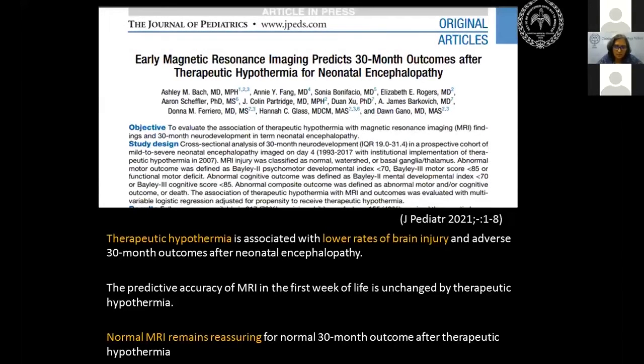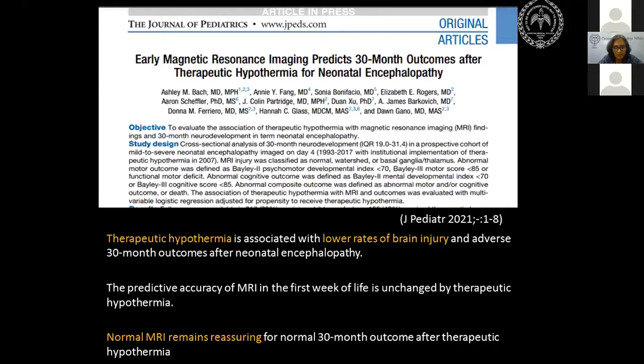This is another paper from the Journal of Pediatrics in 2021, looking at the effects of therapeutic hypothermia and how MRI can predict 30-month outcomes after neonatal encephalopathy. They have said that with a normal MRI following therapeutic hypothermia, it remains reassuring that there can be a fairly better outcome or a normal outcome at 30 months.